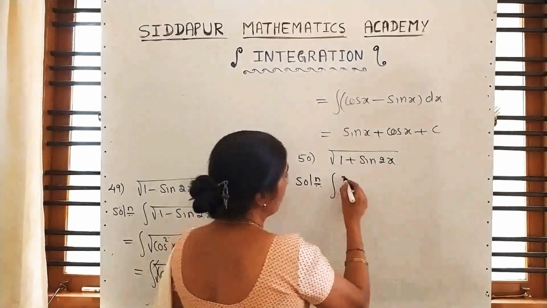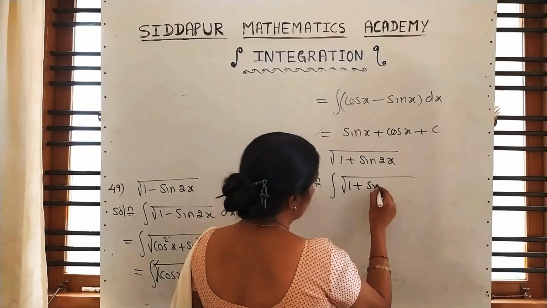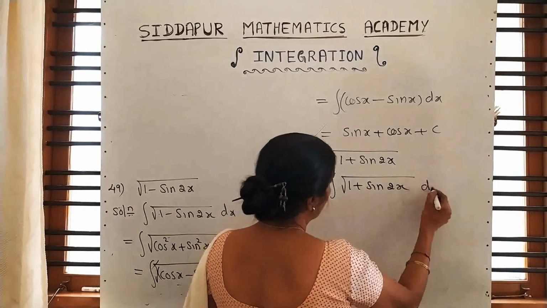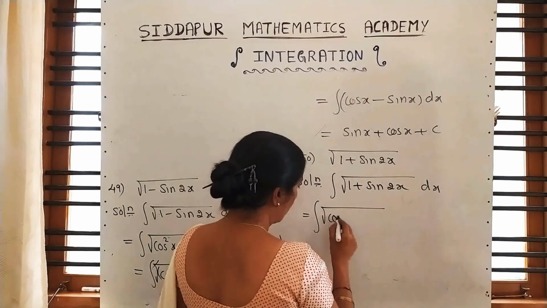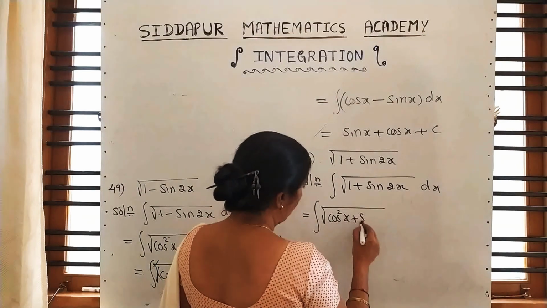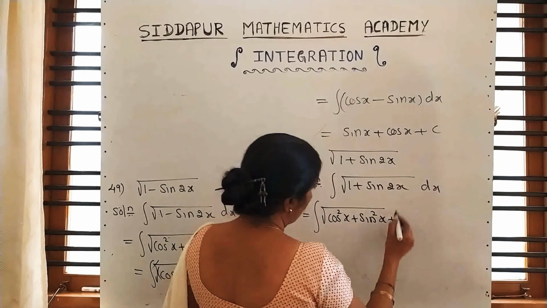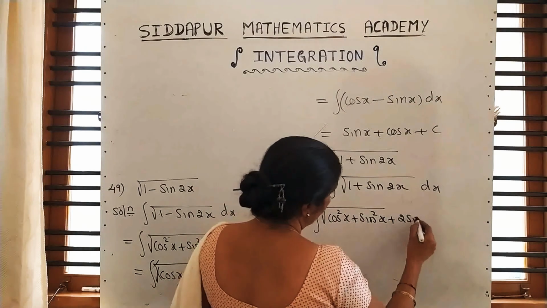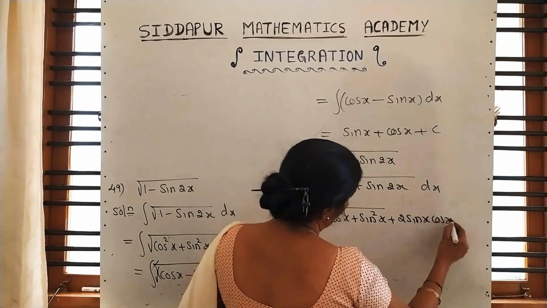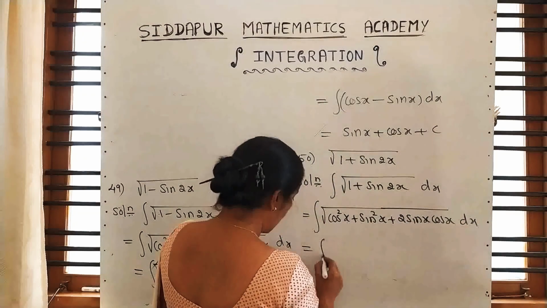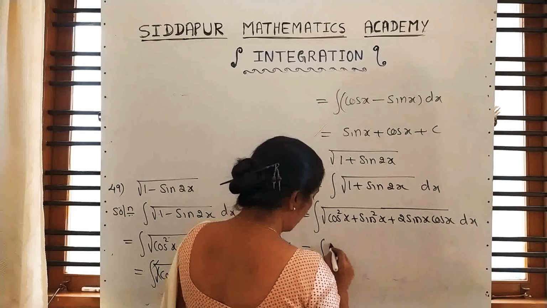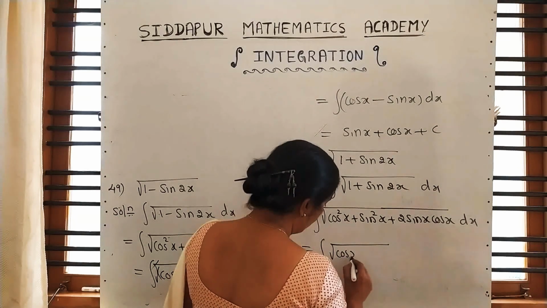First I will write it under the integration sign. 1 will be written as cos square x plus sin square x. Sin 2x will be 2 sin x into cos x. It is in the form of a square plus b square plus 2ab.